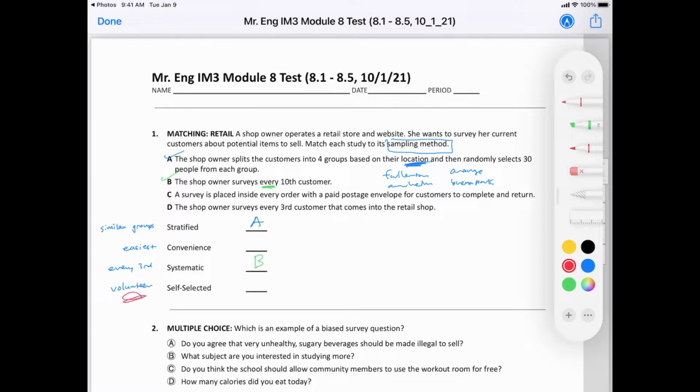Well, it's only people who volunteer. So that would be C. And then D, the shop owner surveys every third customer that comes into the retail shop. I think that's super easy because they're coming to you, you don't do anything. So that would be D.